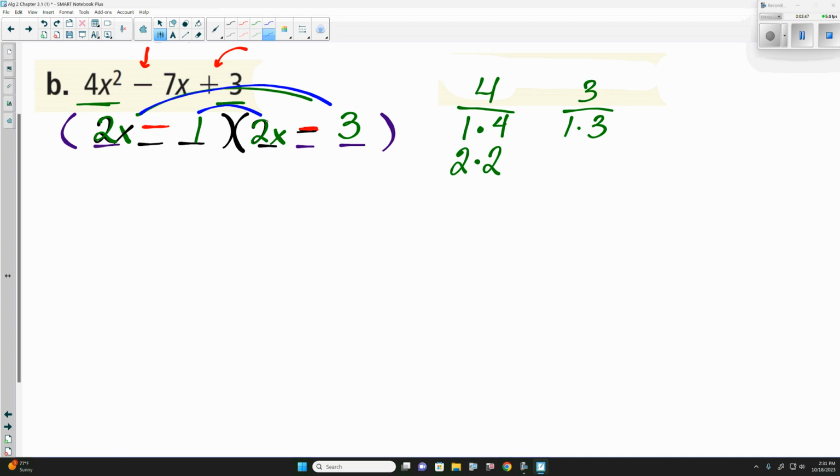We need to check the middle term. 2x times negative 3 is negative 6x. Negative 1 times 2x is negative 2x. And negative 6x minus 2x is negative 8x. That is not the middle term we wanted.